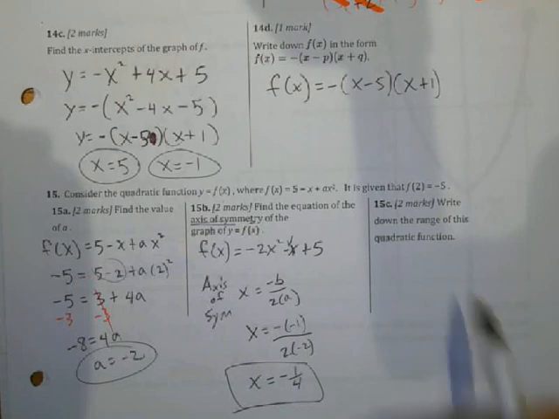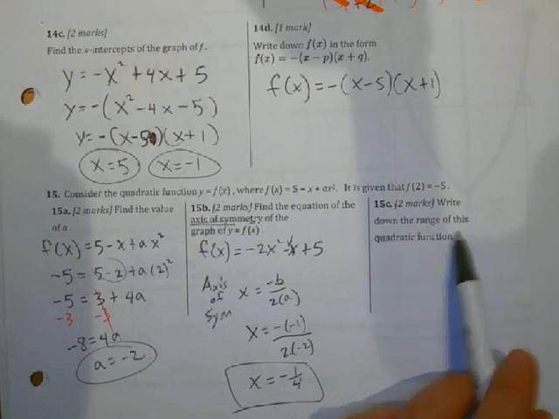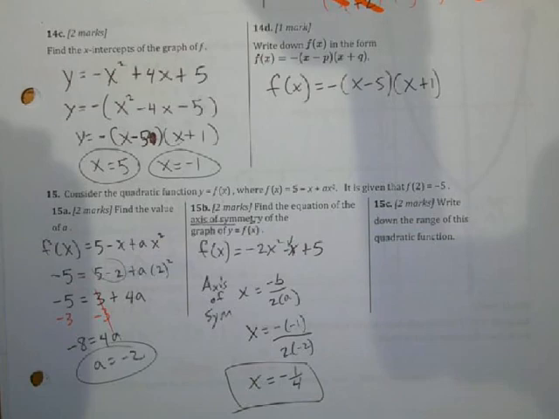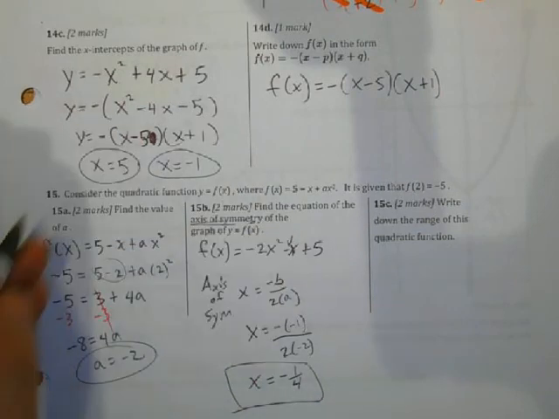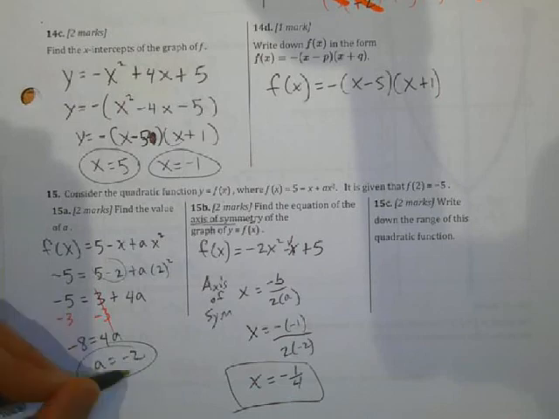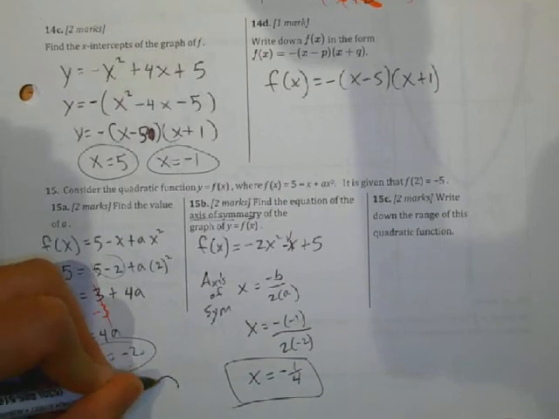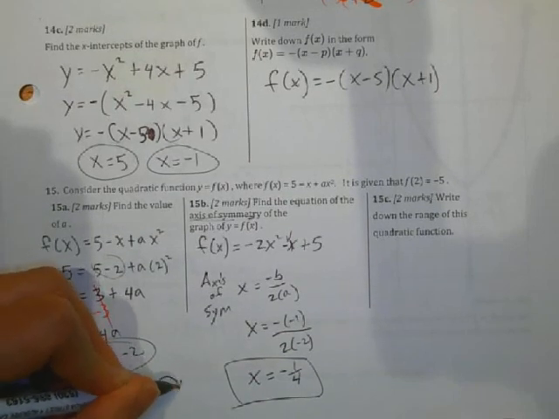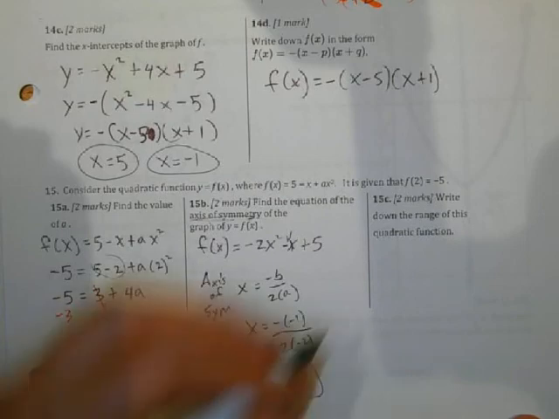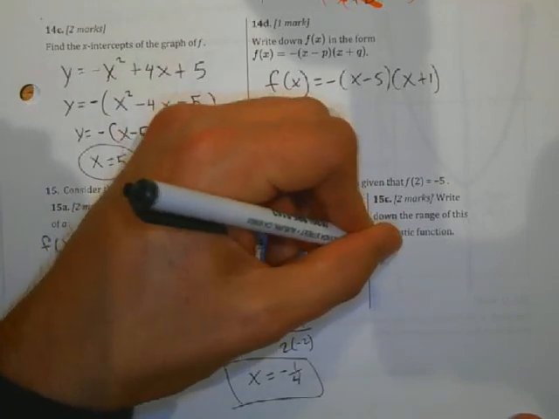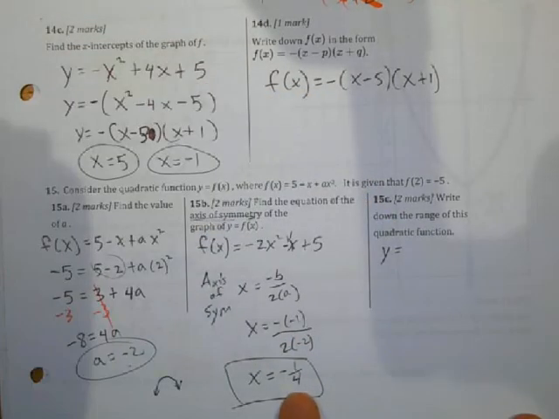Okay, last, write down the range for this quadratic equation. So the range, this is a is negative 2. So since a is negative 2, our parabola is going down, right? Since a is negative. So we need to figure out the vertex. To figure out the vertex, I'm going to plug in negative 1/4 for x.